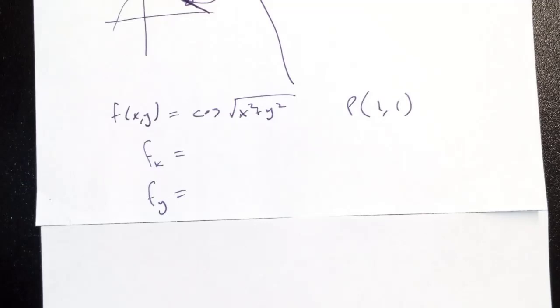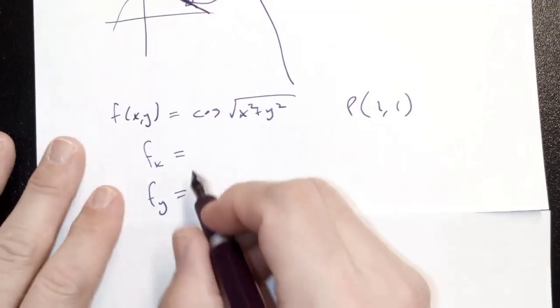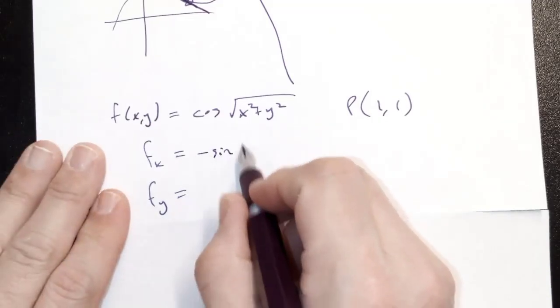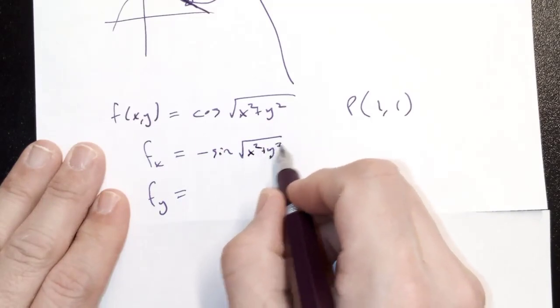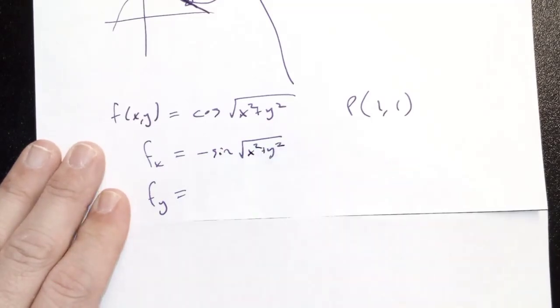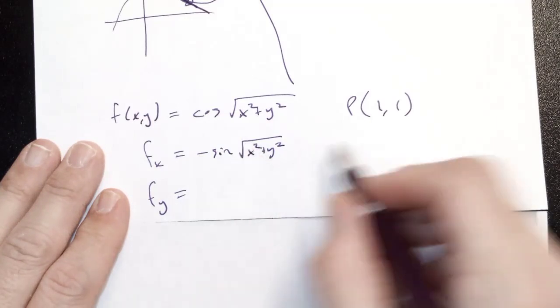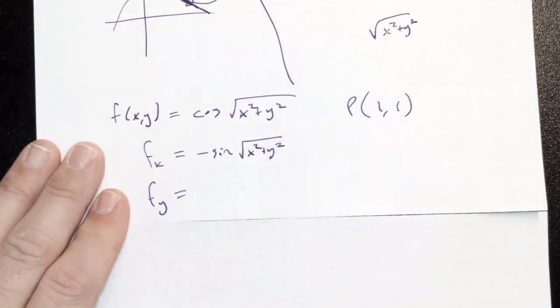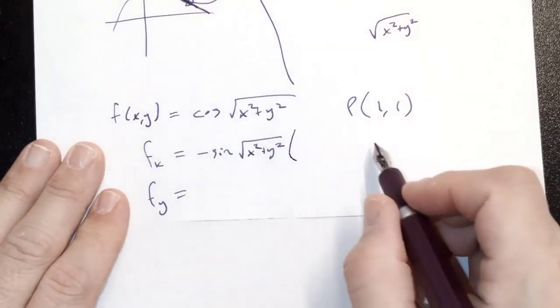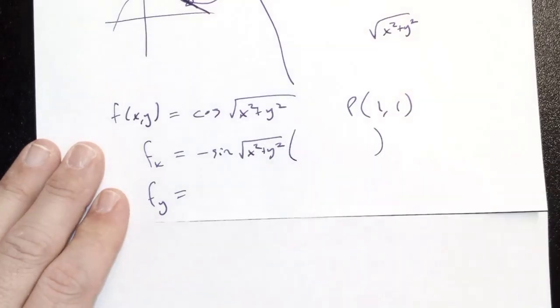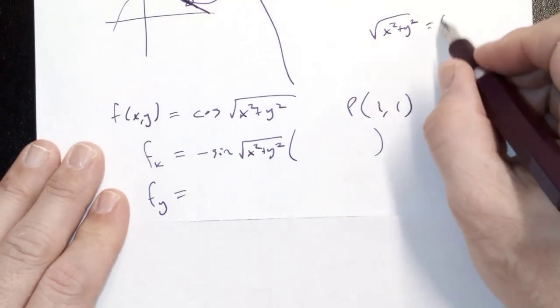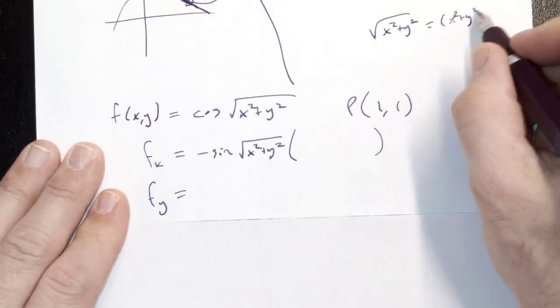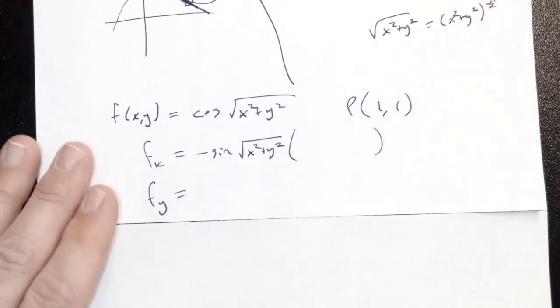Problem? Chain rule. Derivative of cosine is negative sine of stuff. But wait, there's more. Derivative of stuff. The derivative of the square root of x squared plus y squared. I don't like doing the derivative like that. I'm going to write that as x squared plus y squared all to the 1/2, and I'll do it as power rule.